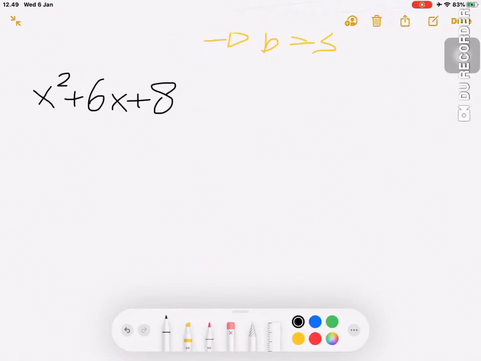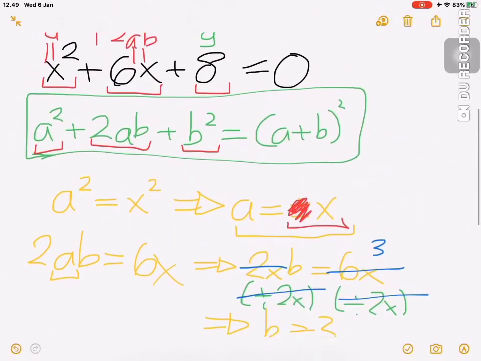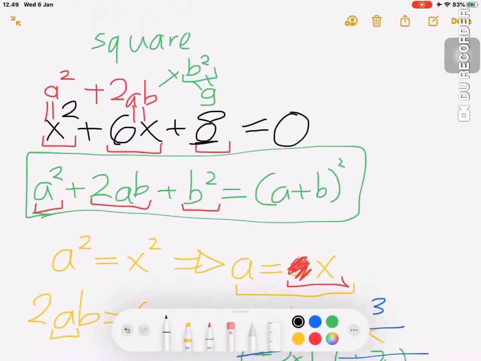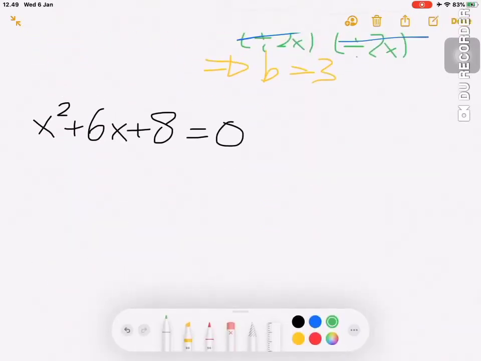I will just rewrite the quadratic equation right here below. x squared plus 6x plus 8 equals 0. What we need to do is add a constant so that this term becomes a 9, and what added to 8 gives 9?